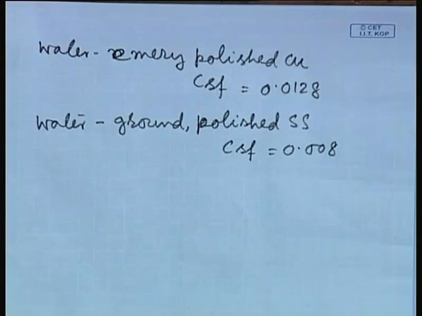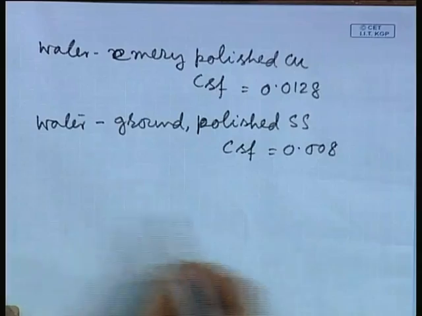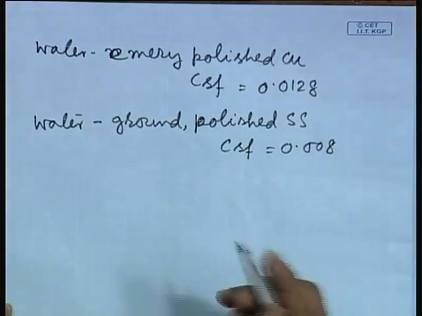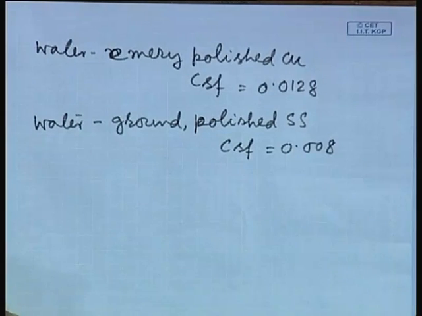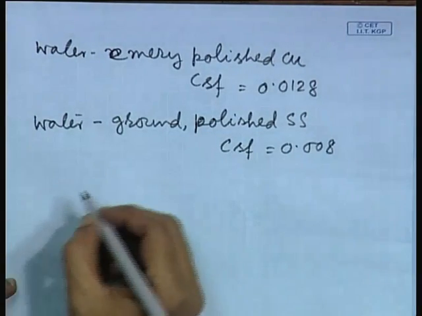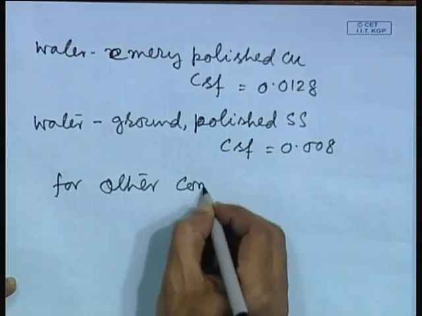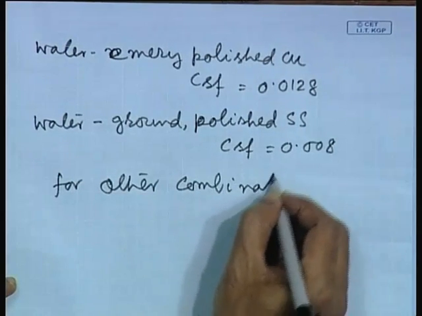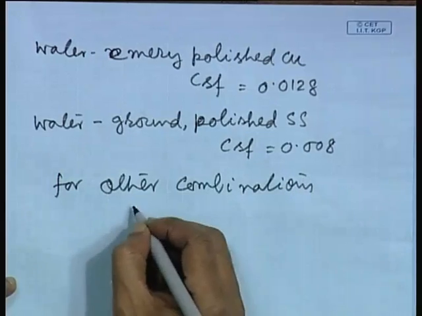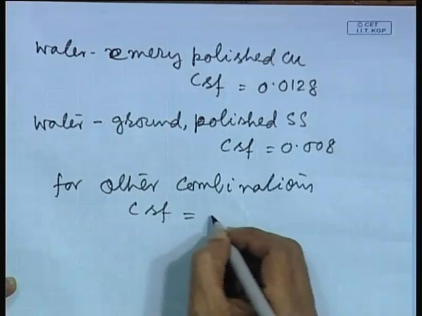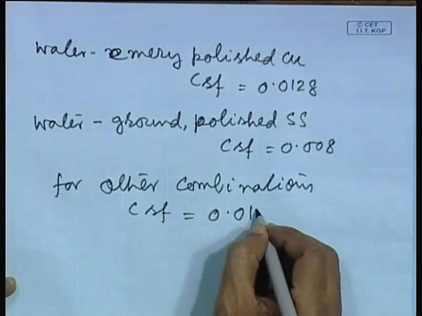Sometimes you may encounter a liquid-solid combination which is not there in the list. For those kinds of combinations, it is recommended that for other combinations, CSF is equal to 0.013.